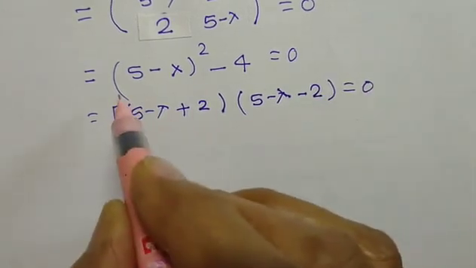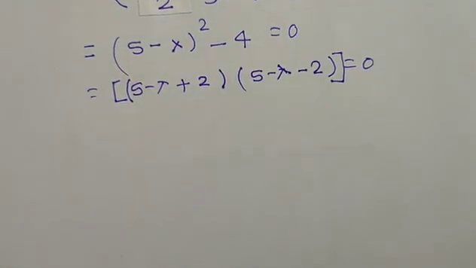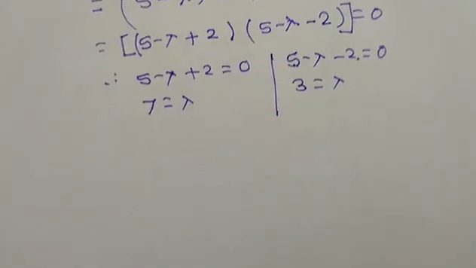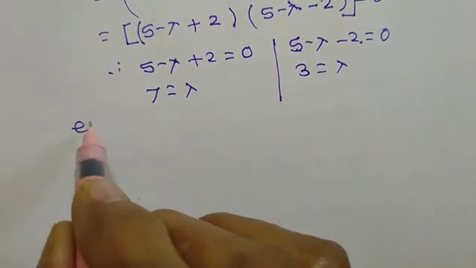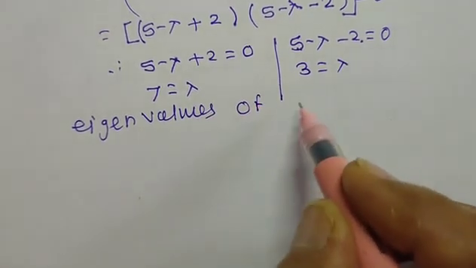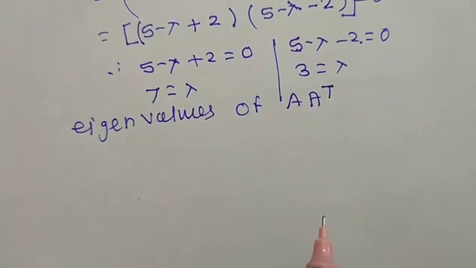These are the two factors of this. So these are the eigenvalues of A into A transpose.